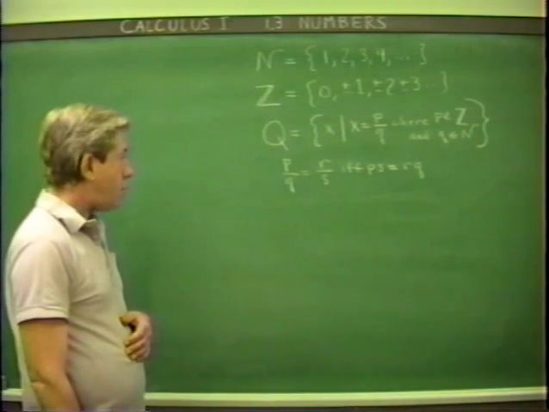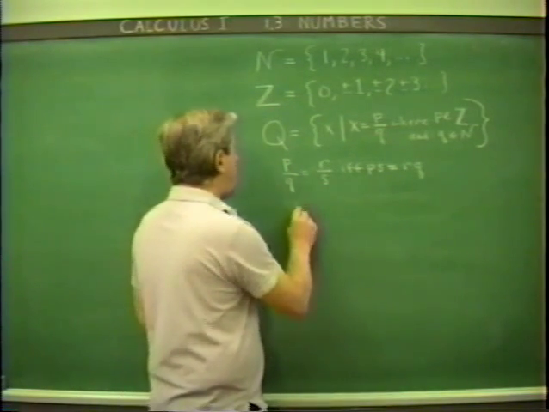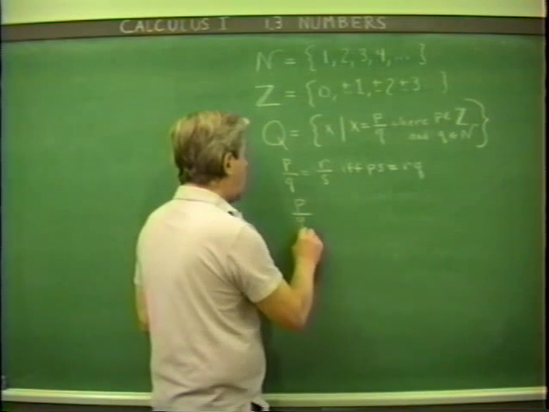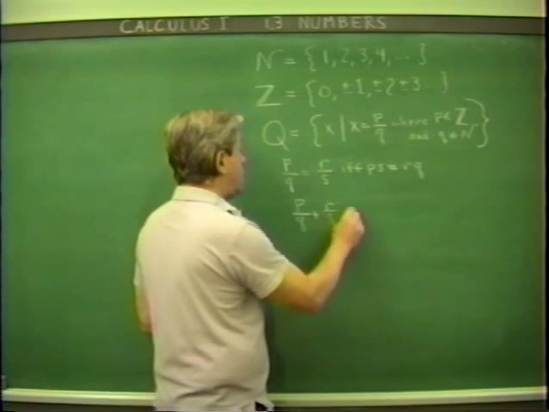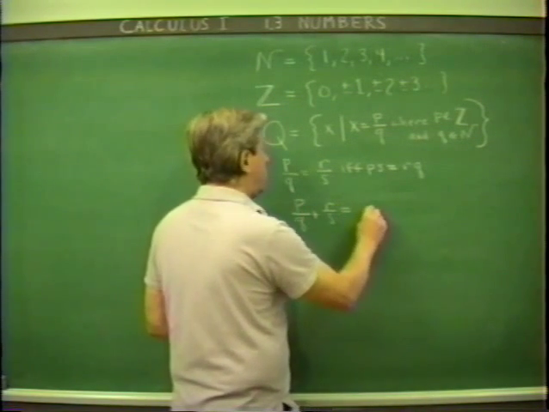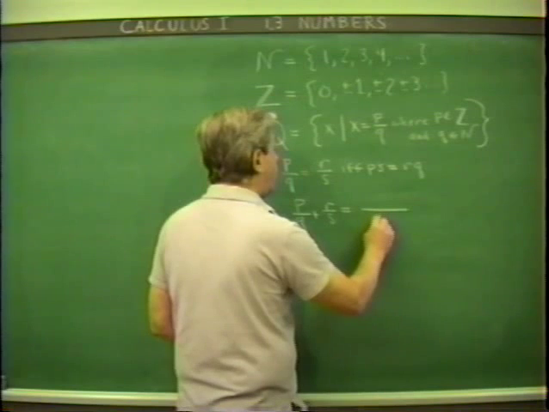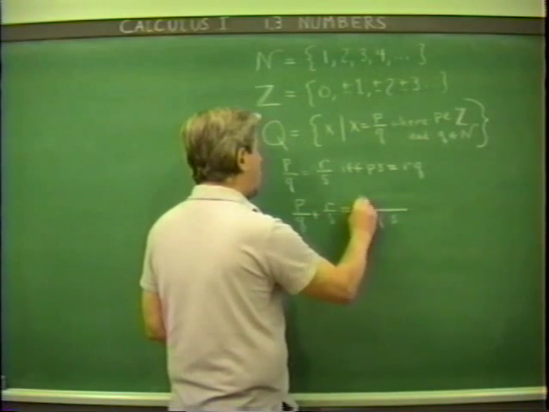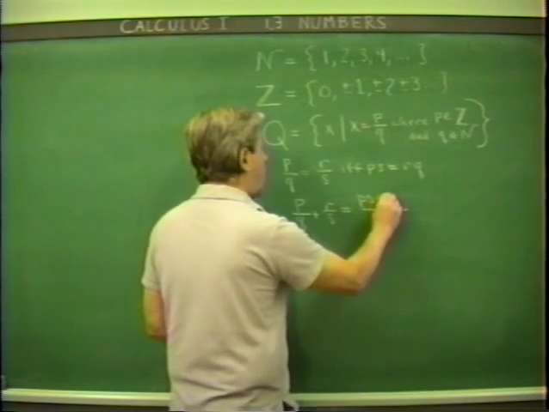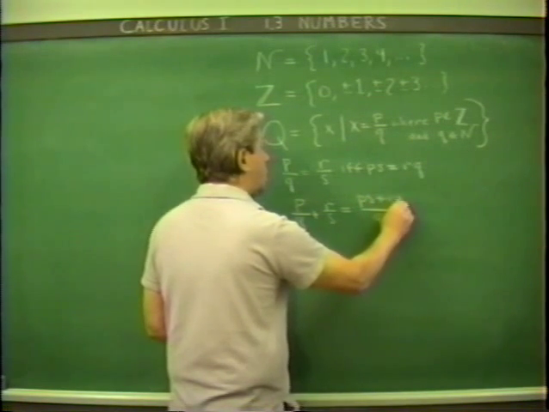Addition among these numbers is performed as usual. To say P over Q plus R over S is equal to, for a common denominator we have QS, and in the numerator we have PS plus RQ.